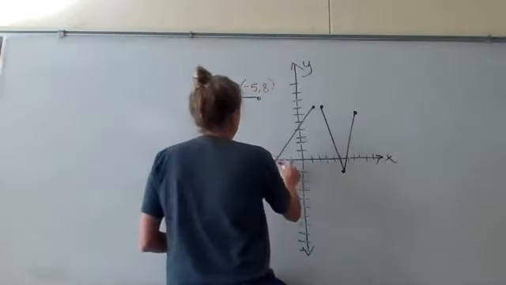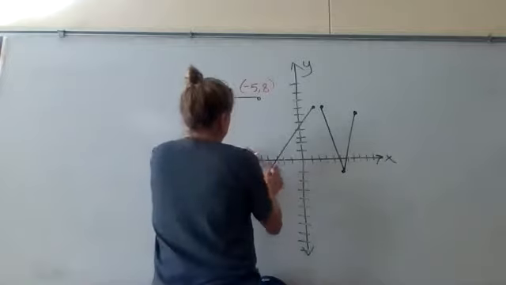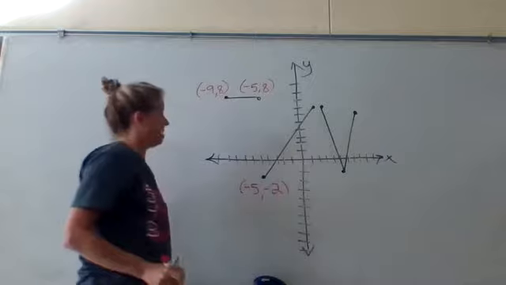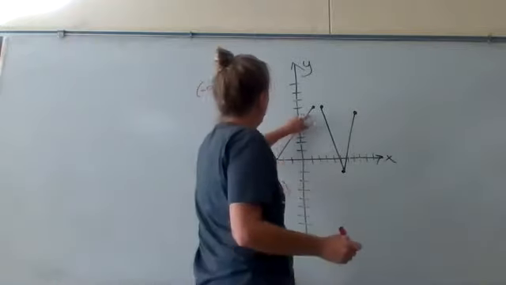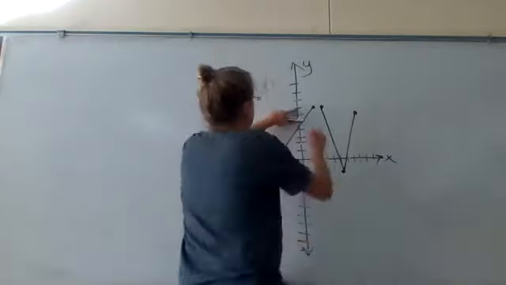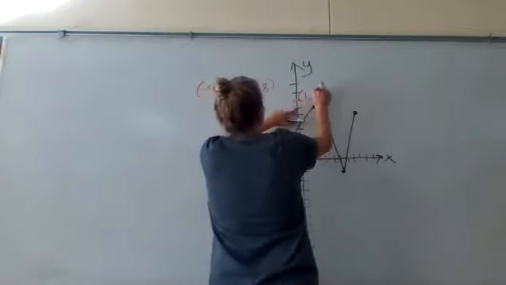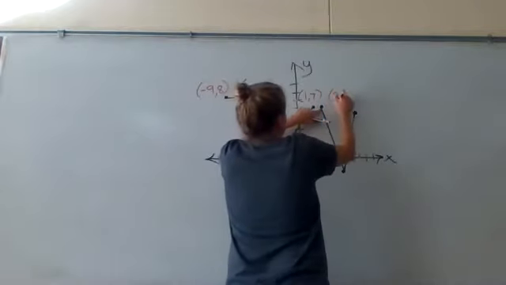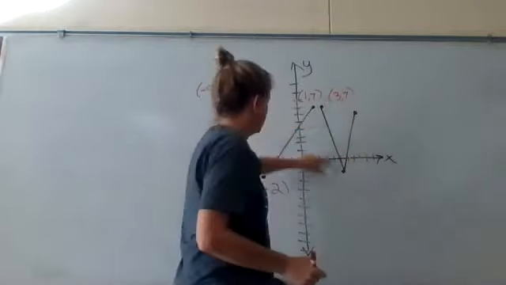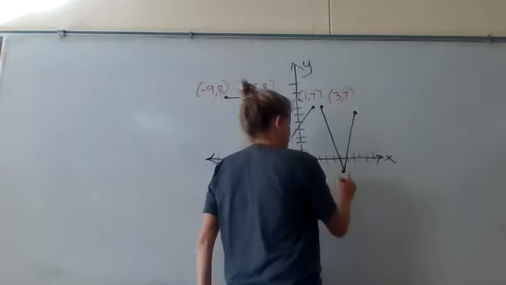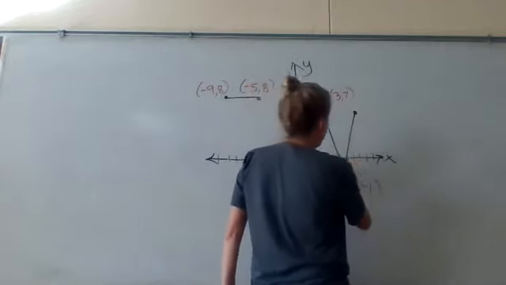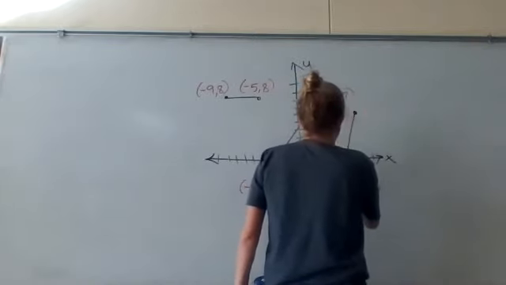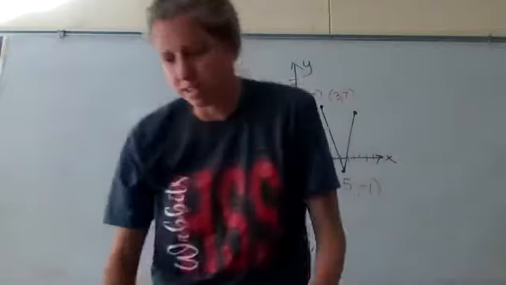Let's see, this one's at (1, 2). (-5, -2). This one's at (1, 7). One's at (3, 7). (5, -1). And 7 or 8.